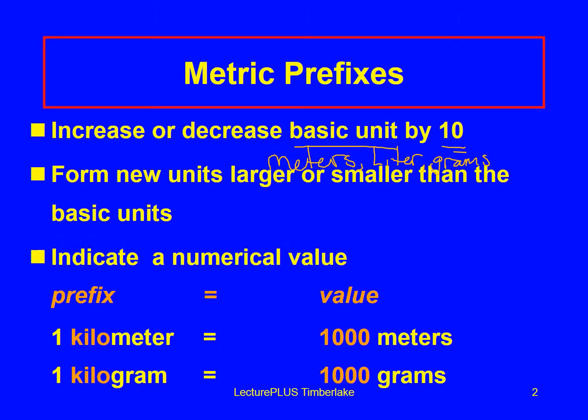So we can form larger or smaller base units by basically putting prefixes on the front of those basic units, like I've done right here and right here. I put kilo on the front, that changed its value to 1,000 meters. Put kilo on the front of grams, that changed it to its value of 1,000 grams. So we're going to look at prefixes that are going to increase the value of our base unit. And we're also going to look at prefixes that are going to decrease our value of our basic unit.